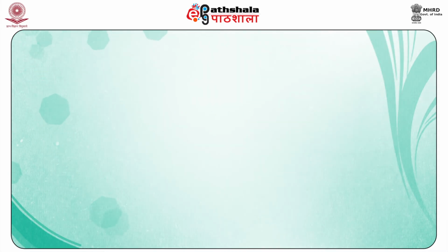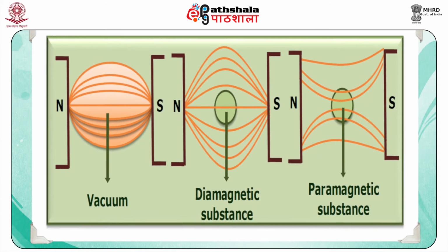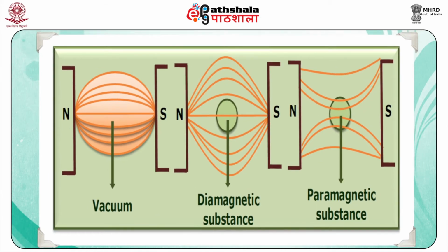Paramagnetism. On the other hand, when kappa is positive, we have mu greater than 1, that means B greater than H. The substance is called paramagnetic. Such a substance allows more lines of force to pass through as compared to the vacuum.